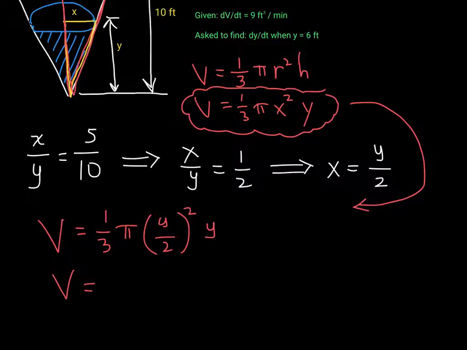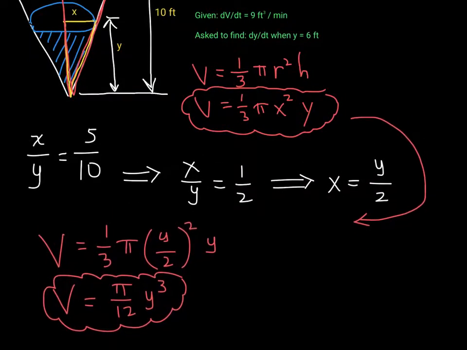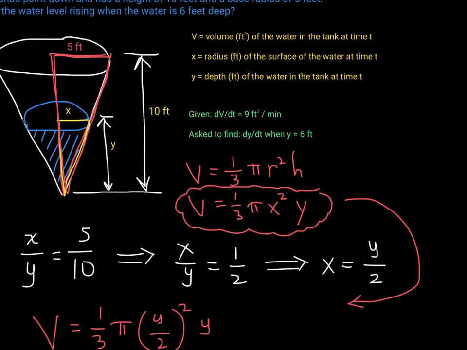So I can write this as pi over 12, and then times y cubed. So look at this updated formula, folks, for the volume. The volume of the water. That's what V represents, the volume of the water in the tank at time t.